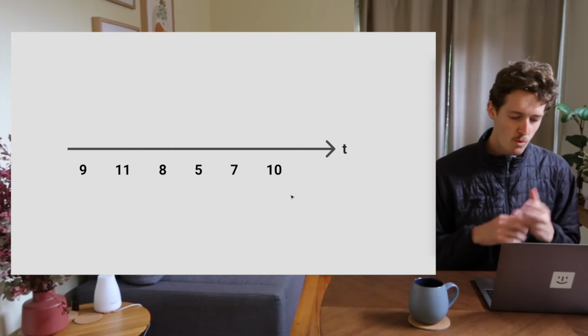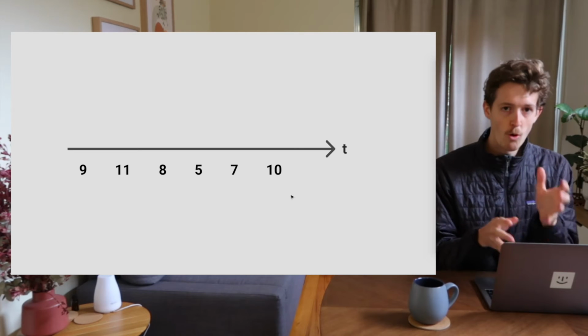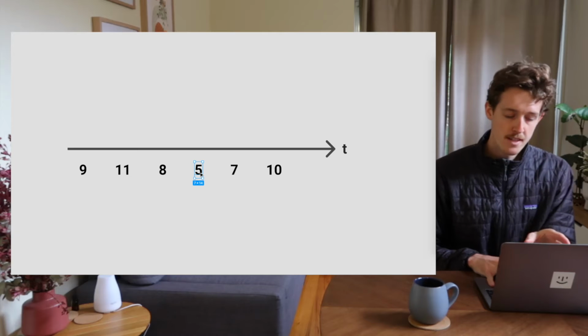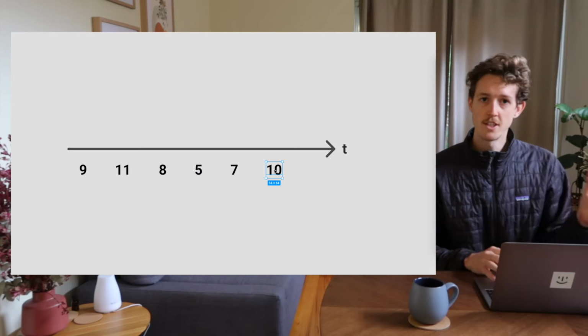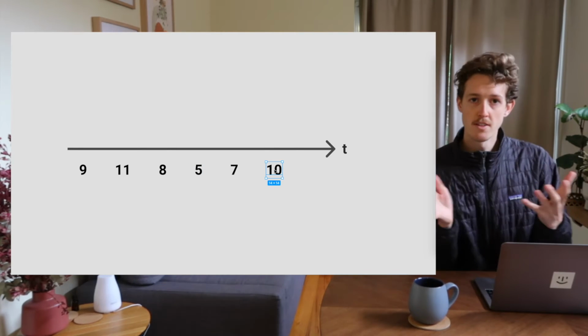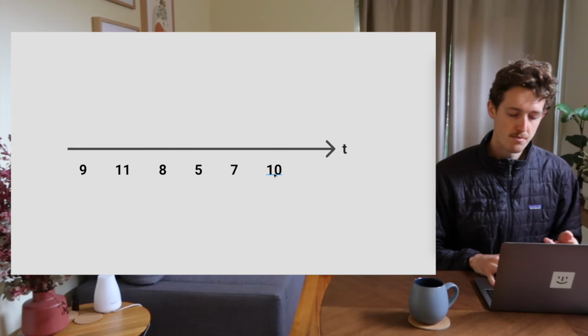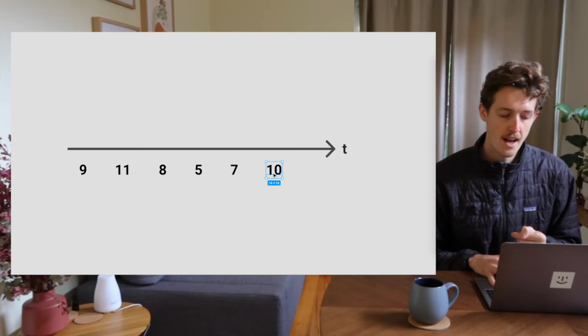But just looking at that, already we can tell that the buy price has to come before the sell price. You've got to buy a share to be able to sell it. So it wouldn't make sense to say you sell at 10 and then you buy at 5.